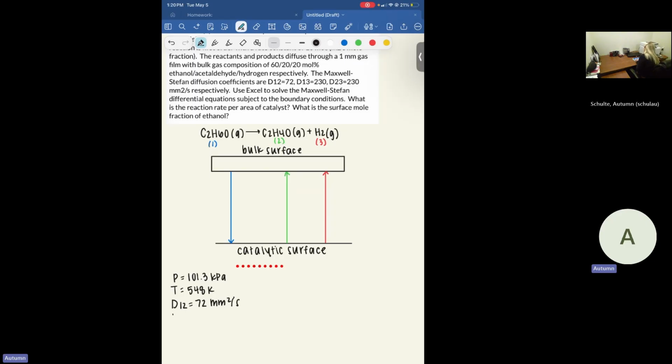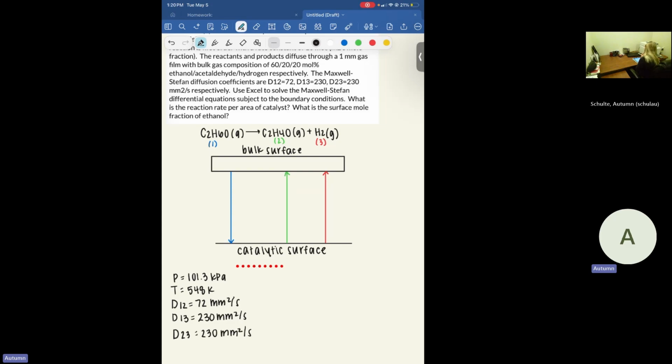The diffusion coefficient of ethanol through hydrogen is going to be 230 millimeters squared per second. And our diffusion coefficient of the acetaldehyde through the hydrogen is going to be, again, 230 millimeters squared per second.